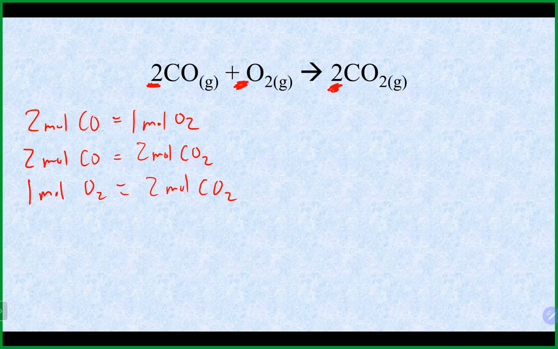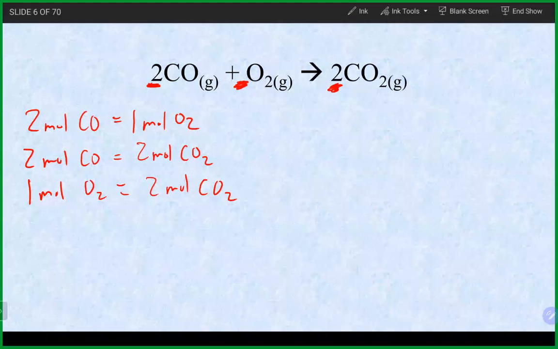But because they are technically equalities, like any type of equality that we get from a table or anything like that, we could actually write conversion factors for each of these. So we could write 2 conversion factors for each of these equalities.